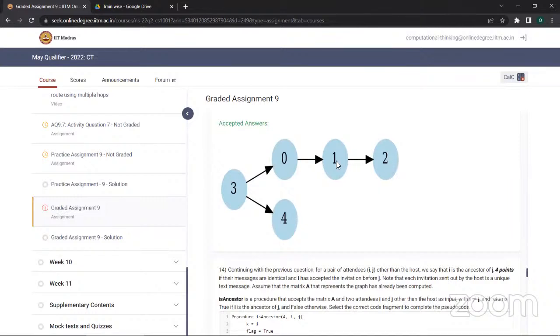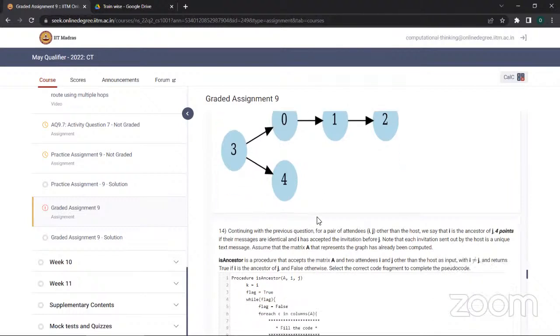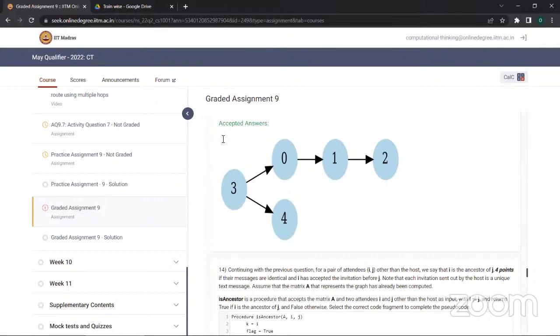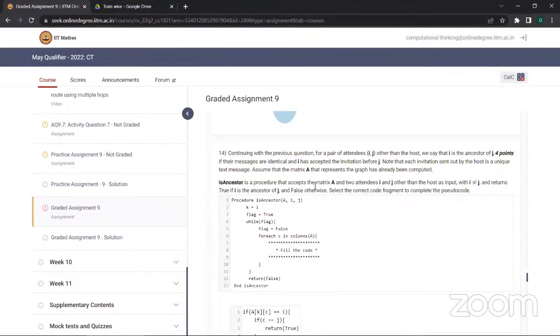May not be direct, but a super ancestor. 2 got the message from 1, and 1 got it from 0. So 1 is the ancestor of 2 and 0 is the ancestor of 1, and with the transitivity rule, 0 also becomes an ancestor of 2. Till this part is clear with this example, right? Yes, sir. This is okay.